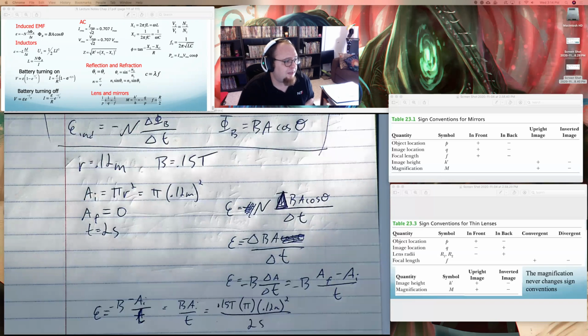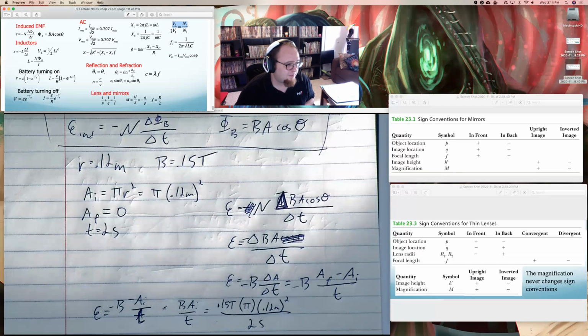Other things I might mix in is RMS versus max, resonant frequency, and maybe transformers. Transformers are less likely just because it would be hard to work a transformer in with the other stuff. But that would be the main bit.